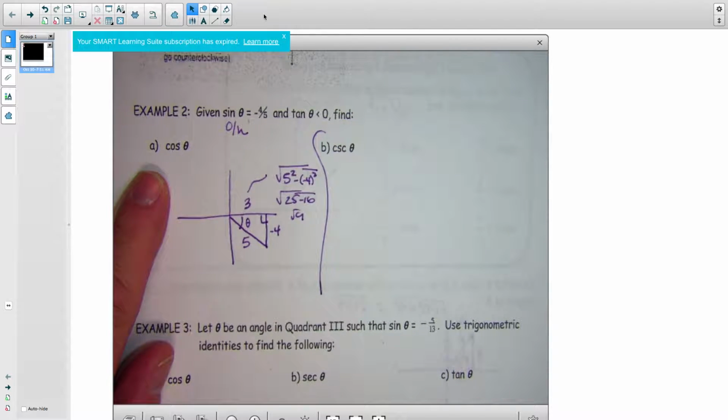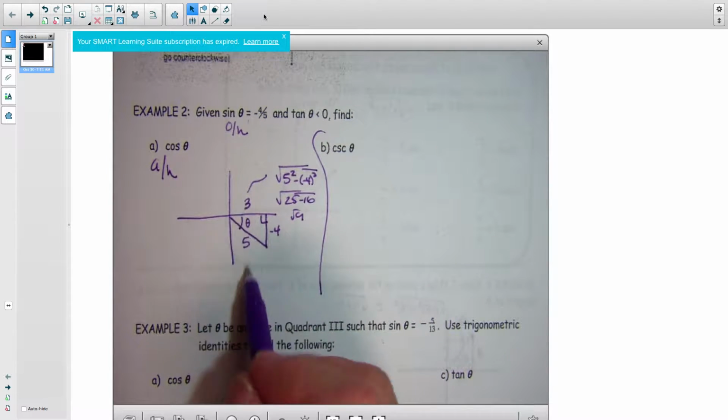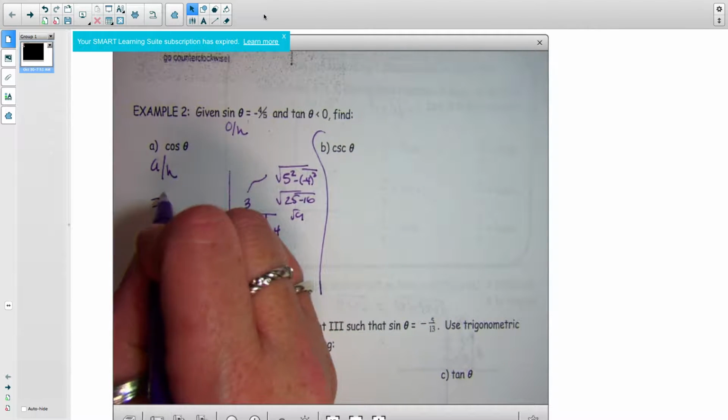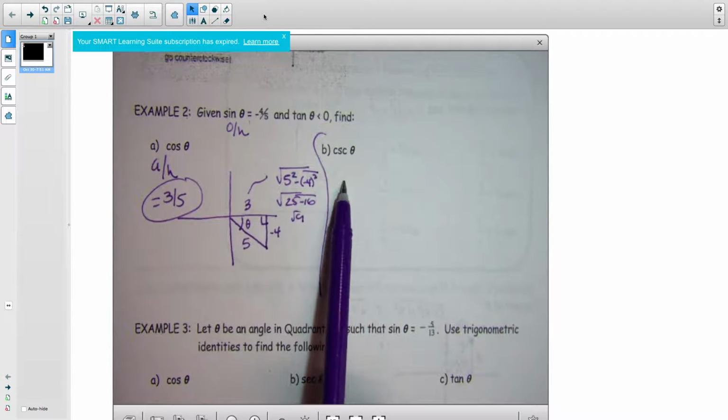So what's the cosine? Cosine is adjacent over hypotenuse, 3/5. So it's 3/5. Cosecant is what?